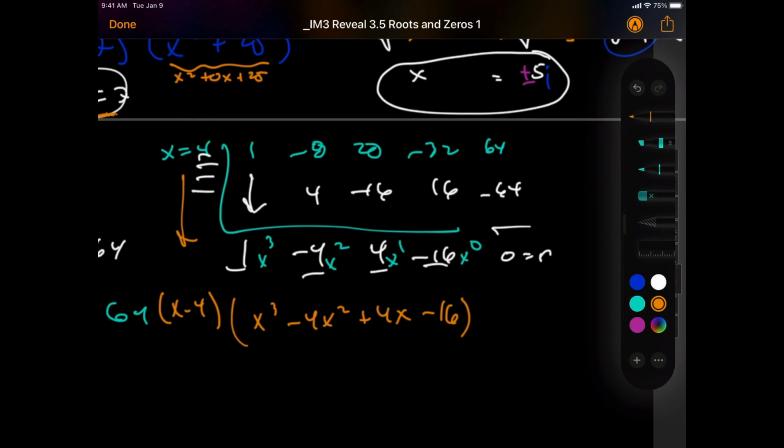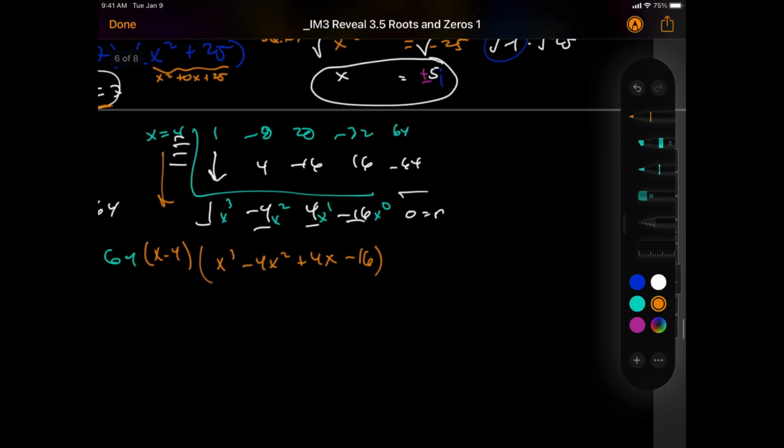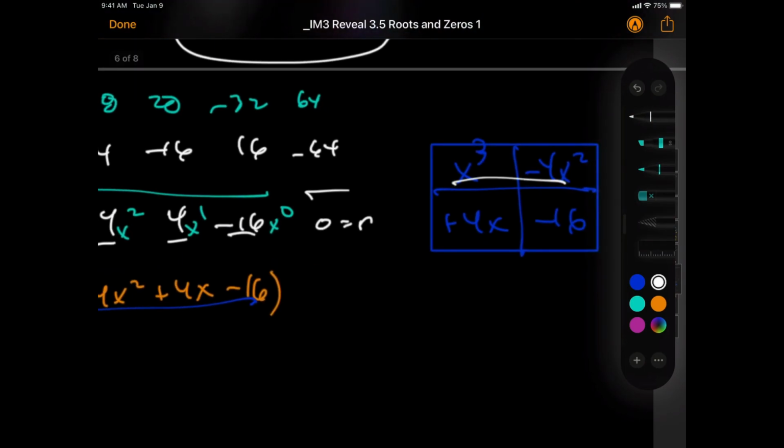Now again, you have 4 terms here, so I'm just going to give it a try and see if we can get this done by factoring, by grouping. X to the third minus 4x squared plus 4x minus 16. Okay, this way they have an x squared in common.